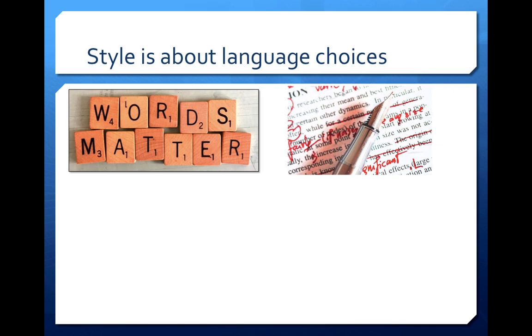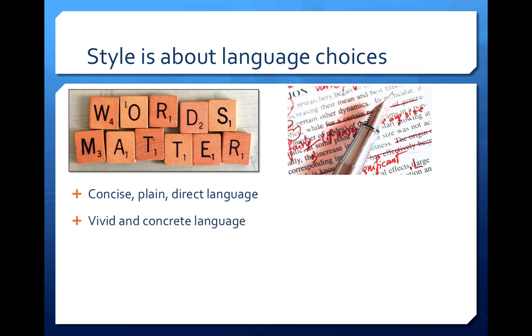So what do I mean by an informative style? Well, an informative style is one that uses concise, plain, and direct language. We want to use not too many words. We want to be pretty straightforward and direct in our expression of ideas. An informative style is vivid and concrete language.